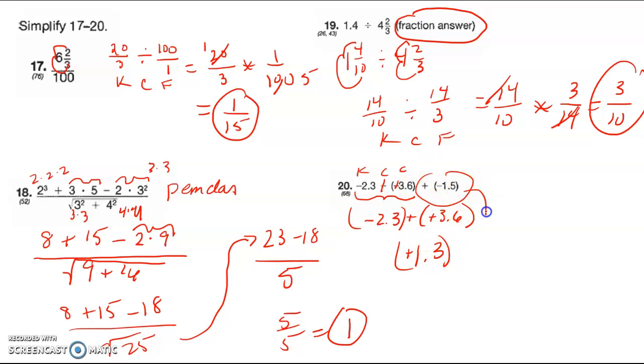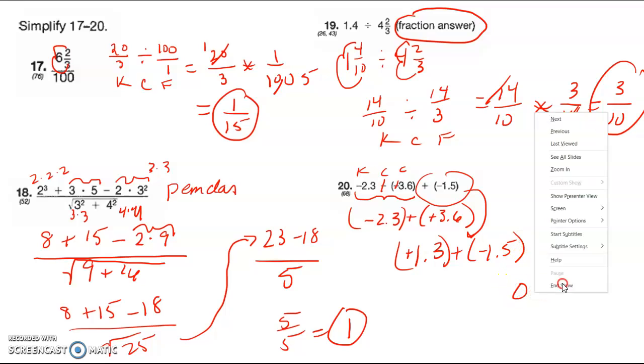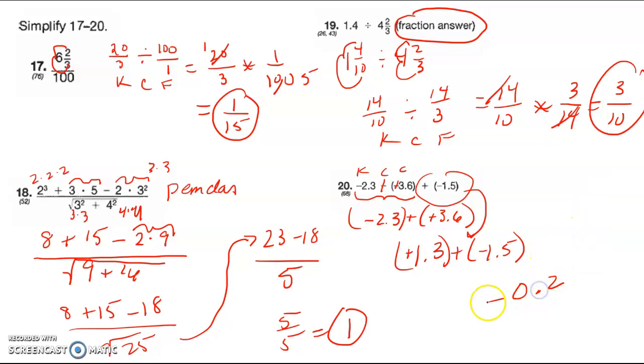And then this is going to come down, plus negative 1.5. They're opposite signs, so we're going to subtract and take the sign of the larger. And that's negative 0.2. And that's it.